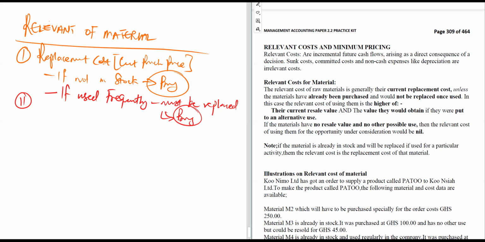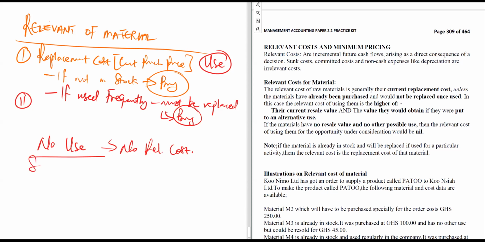Let's go to the third. This is when the material has a use. What if the material has no use? If the material has no use, then no relevant cost, unless it can be scrapped off.